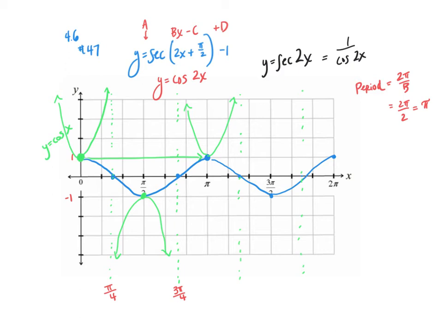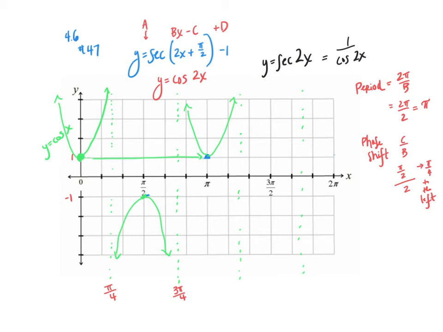Now I also need to look at the phase shift. My phase shift is always c over b. So in this case, that's pi over 2 divided by 2, which is going to be a phase shift of pi over 4 to the left. So right now, I'm going to go ahead and erase this blue, which was the cosine of 2x.